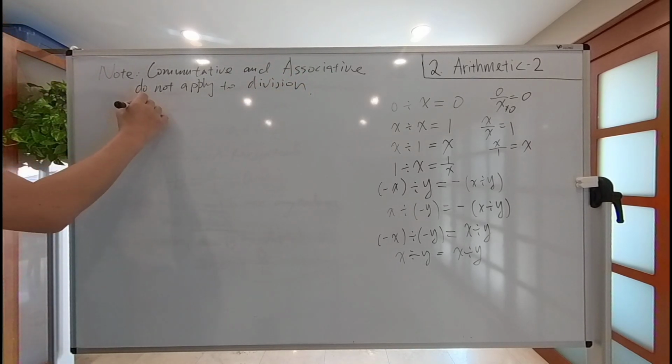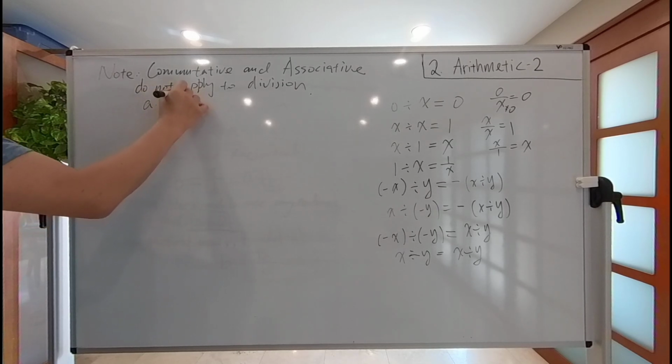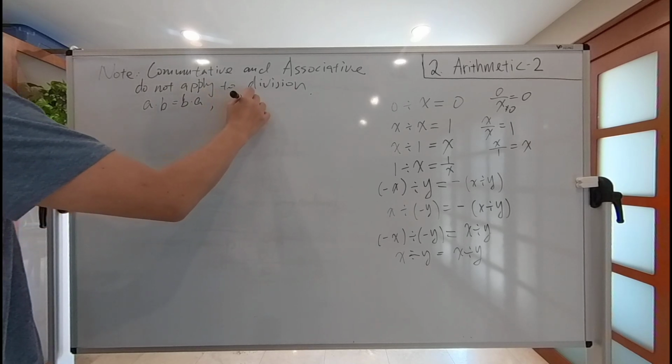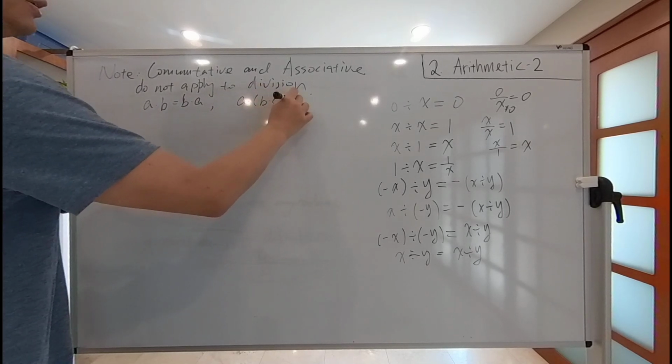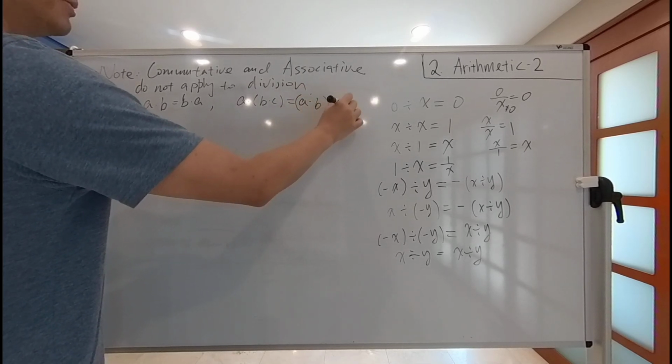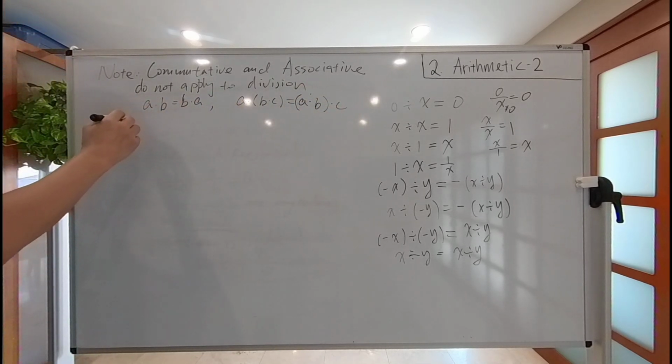Remember that for multiplication we have commutative, that a times b equals b times a, and then associative, where a times b times c is equivalent to a times b first and then times c, right? So those are okay in multiplication, but they will not be okay in division.